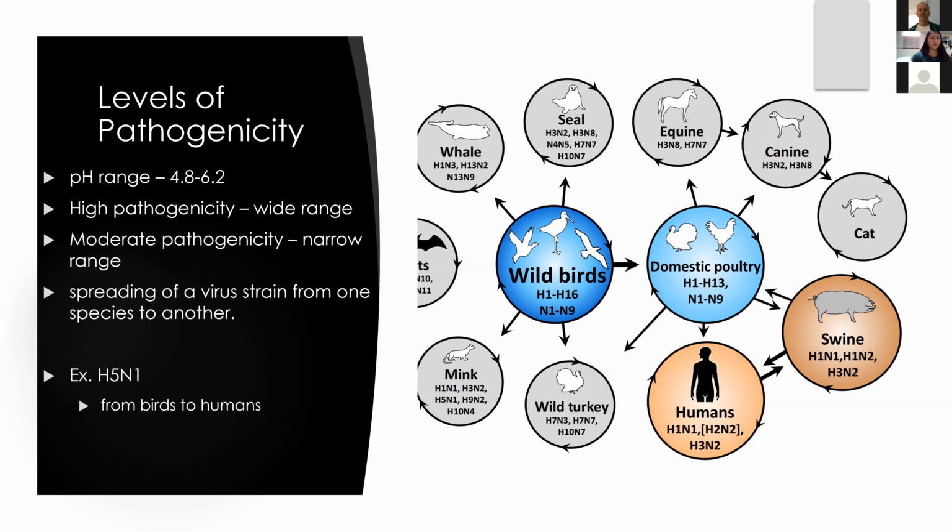The levels of pathogenicity can result from mutations, making the virus adaptable to varying pHs. There was an amino acid substitution in the stalk domain of the H5N1 strain, and that's why it was able to spread from one species to another.